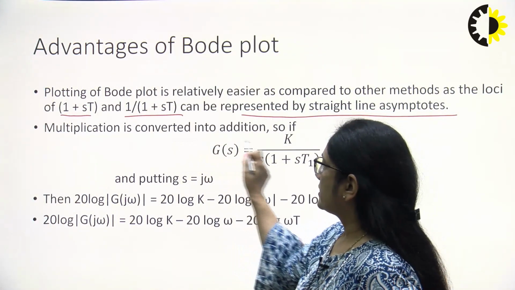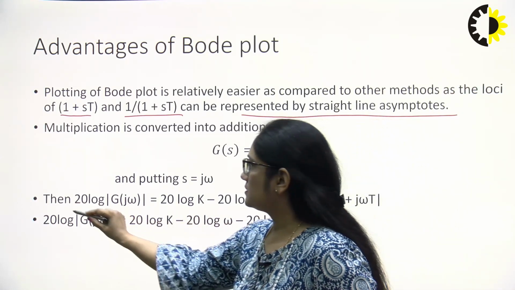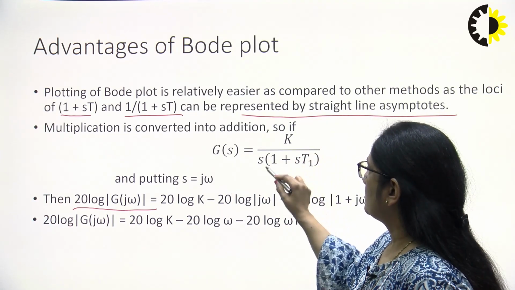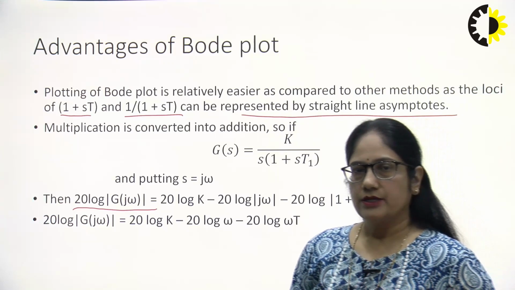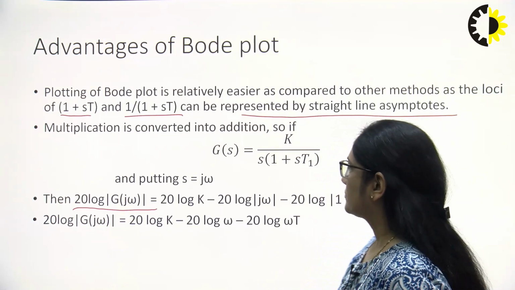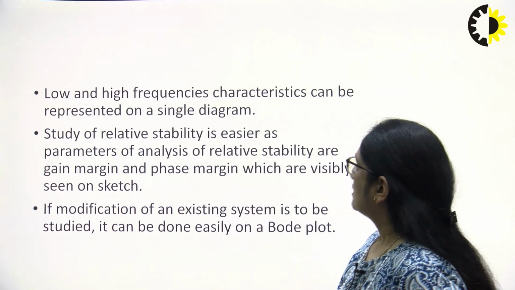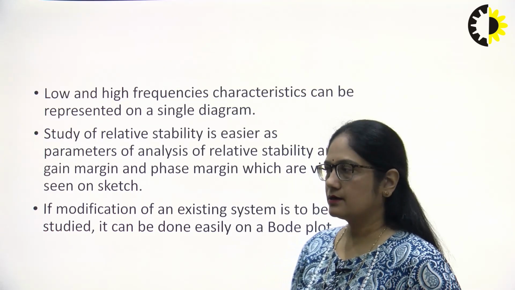All the multiplication is converted into addition. That means a simple expression G(s) equal to K upon this can be converted into addition and subtraction terms. And the low and high frequency characteristics can be represented in a single line diagram.